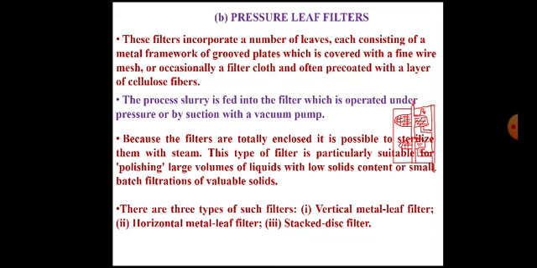For the refining or polishing process, once the fermentation broth is processed earlier in order to decrease the content of solids, then further polishing and refining can be done by using this pressure leaf filter. There are three types of such filters: vertical metal leaf filter, horizontal metal leaf filter, and stacked disk filter.